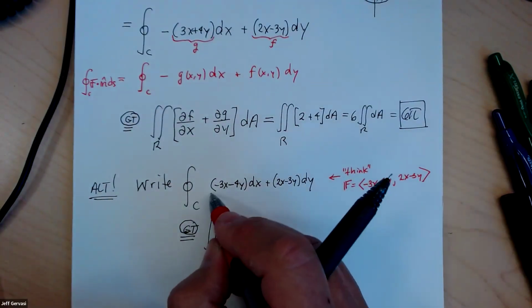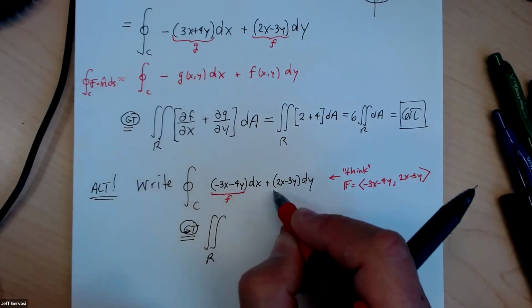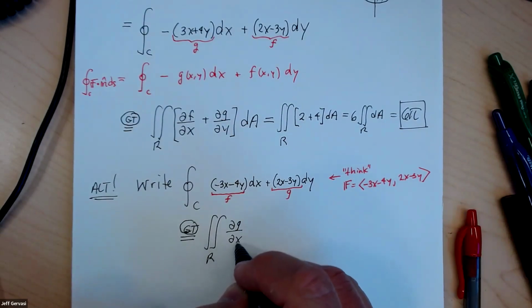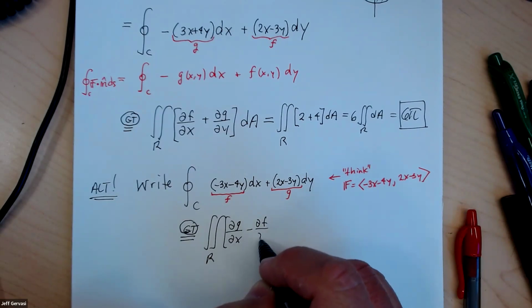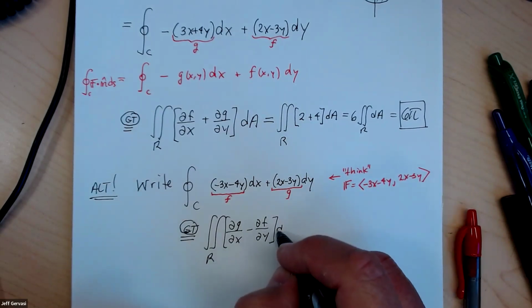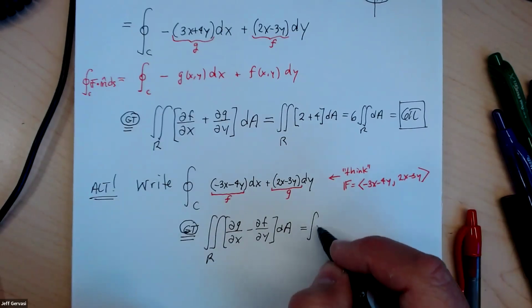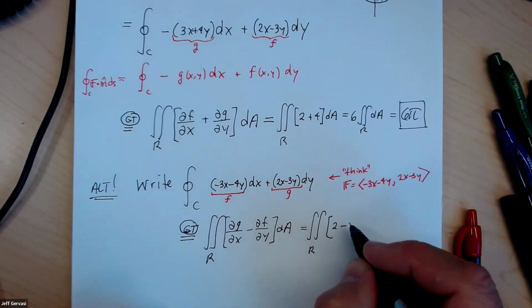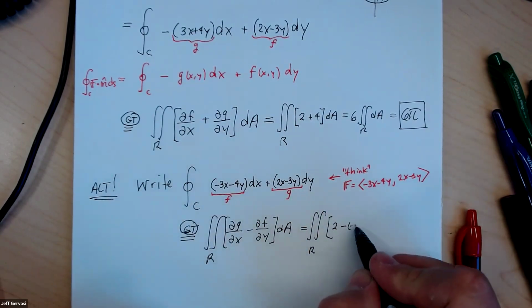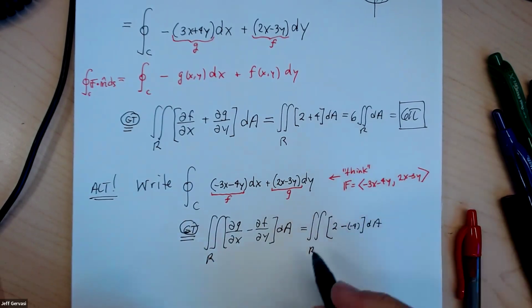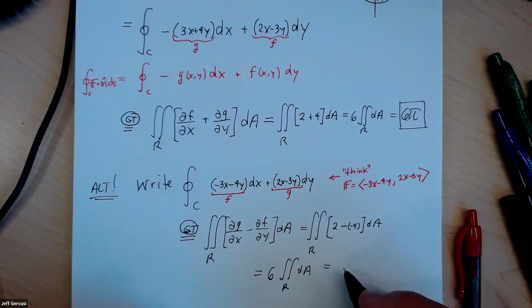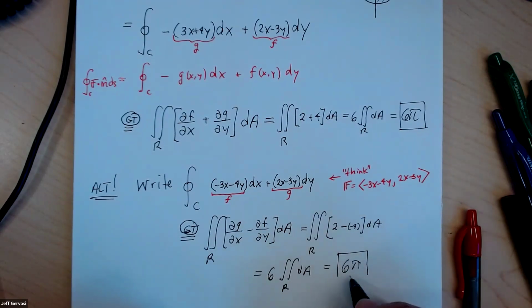Okay. So in this case, this would be my F. This would be my G. And the partial of G with respect to X is 2, minus the partial of F with respect to Y, which is -4, which once again is 6. And 6 times the area of the region, once again, we get 6 pi.